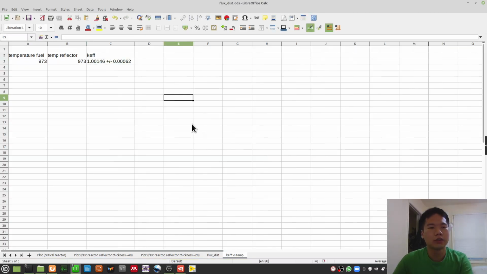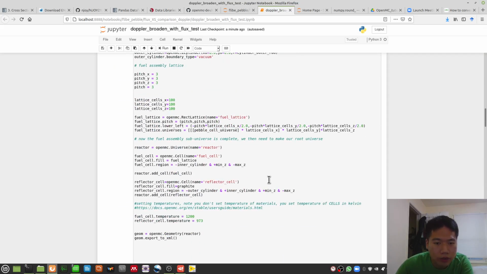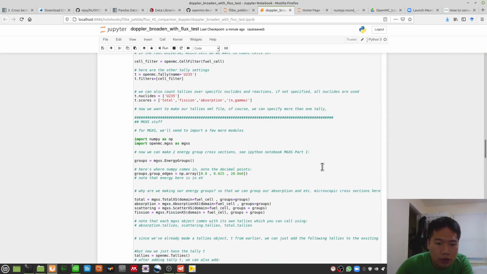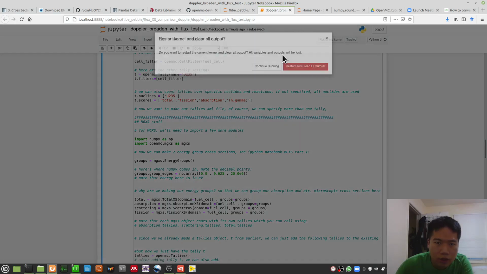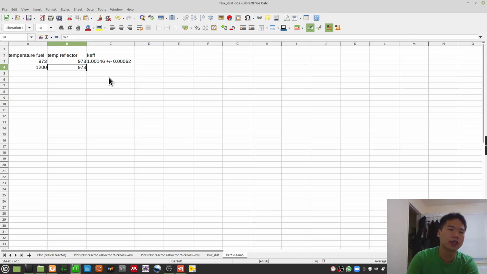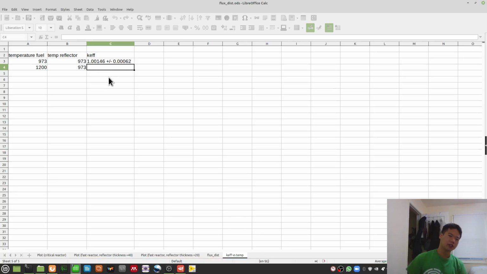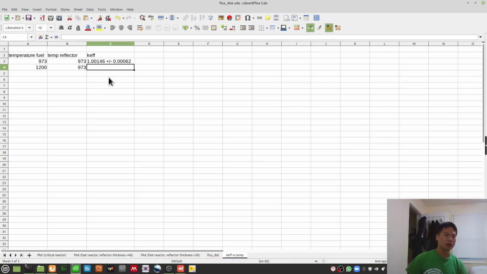Alright. So what else? Let's push it up to 1200 for this fuel. I'm going to restart and clear output, and let's run all. So fuel temperature, and 973 is the reflector temperature. This is sort of to simulate a huge temperature excursion, where the fuel suddenly heats up a lot, and then the reflector will actually take some time to rise up to that temperature.